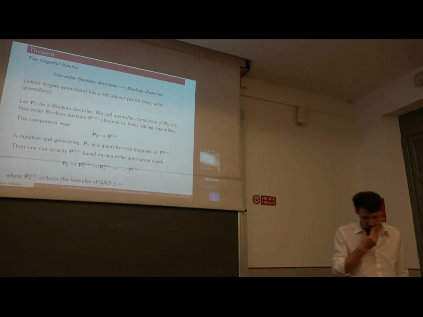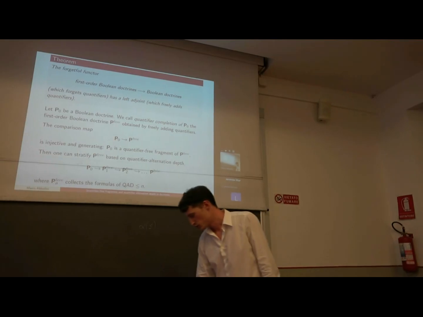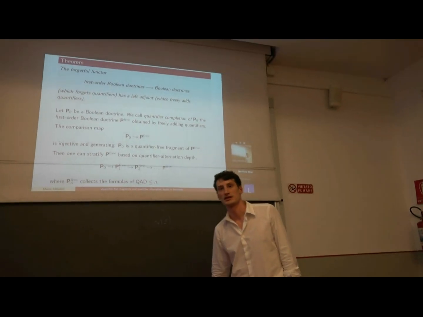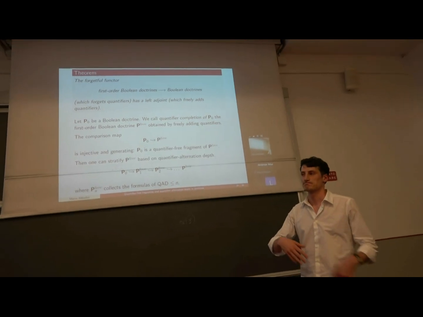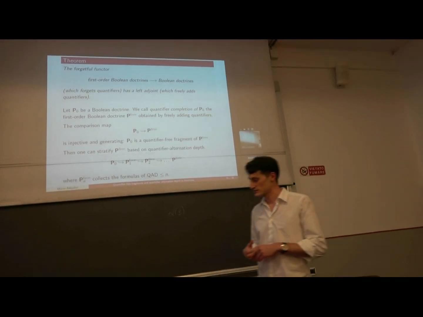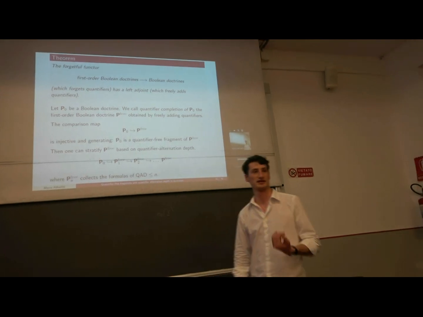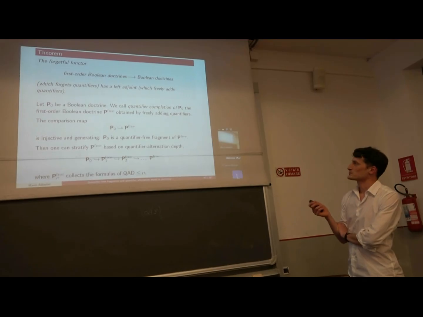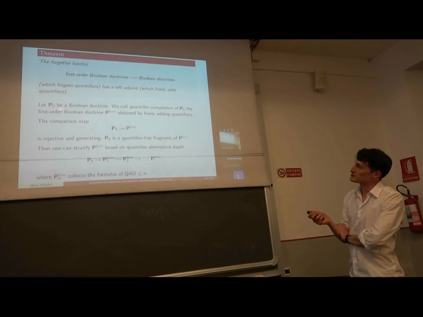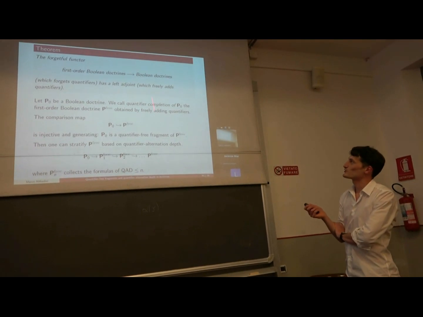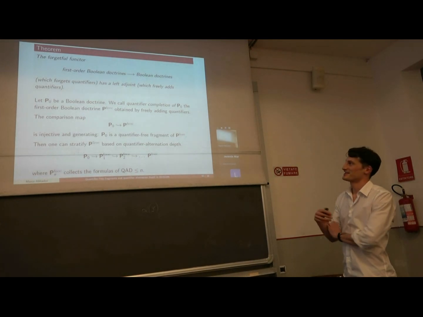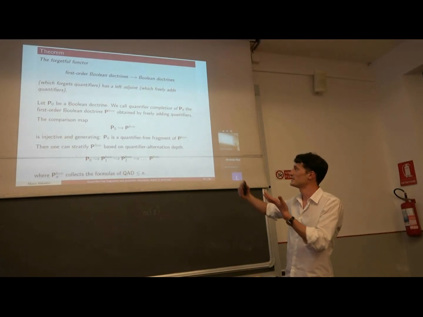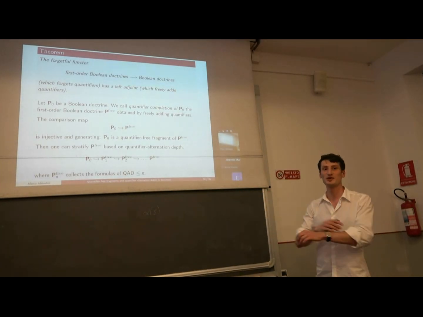One way to prove it is that first order Boolean doctrines are defined by quasi-equations, and quasi-varieties have free algebras, essentially. Given a Boolean doctrine P0, we call the quantifier completion of P0 the first order Boolean doctrine P3 that we obtain by freely adding quantifiers.